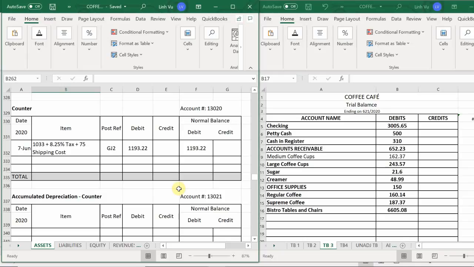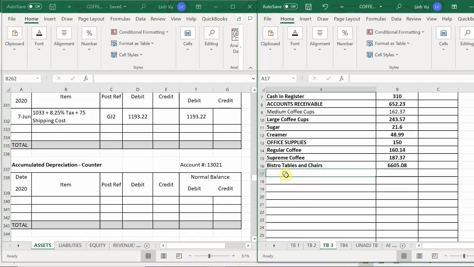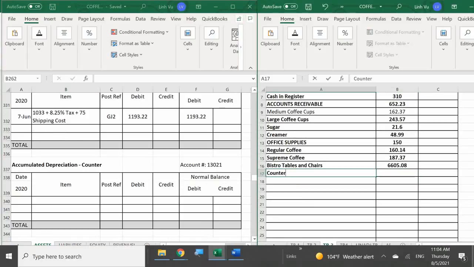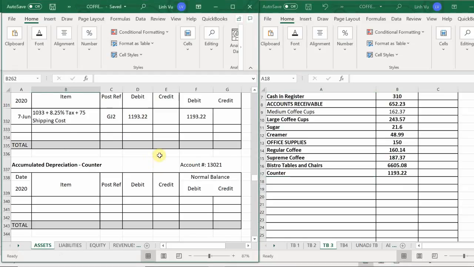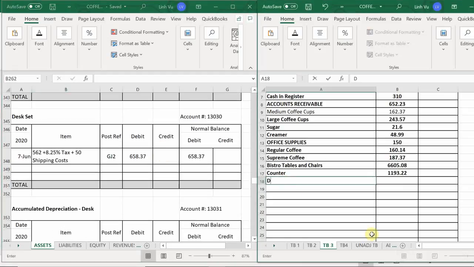We haven't done depreciation yet. We have our counter, for a total of 1193.22. Notice these numbers haven't changed. Next we have a desk set.